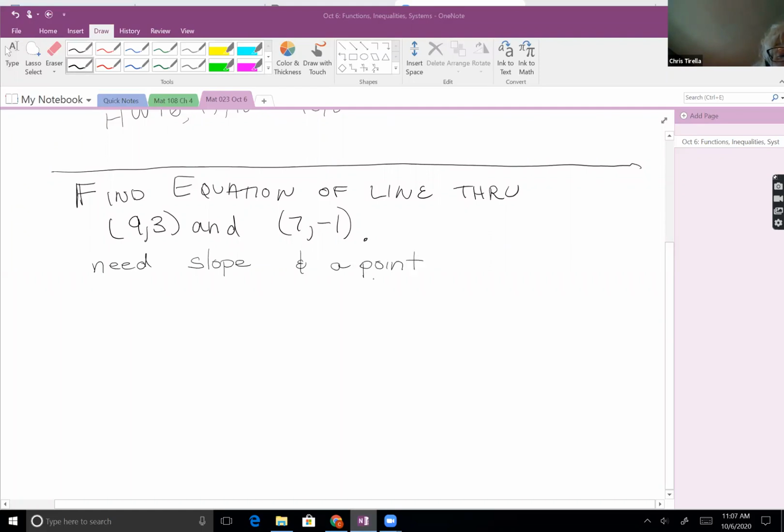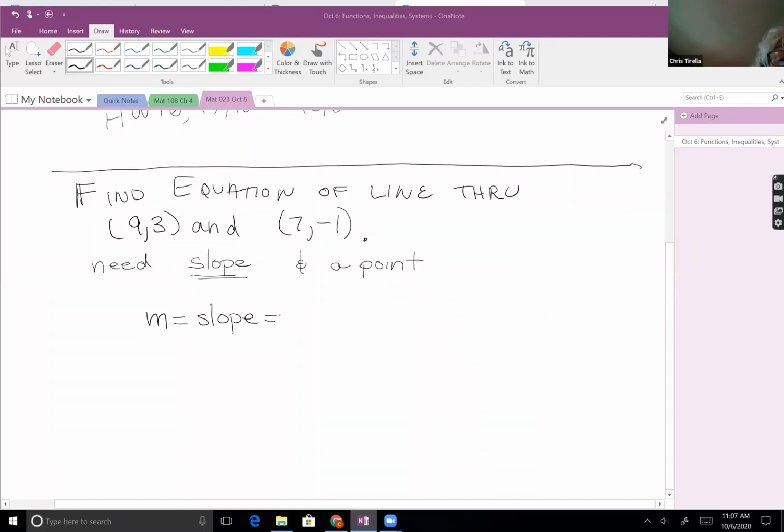With this one, we have 2 points, so that's all set in stone. But we don't have the slope. Can anybody remind me how we found the slope? Rise over run.